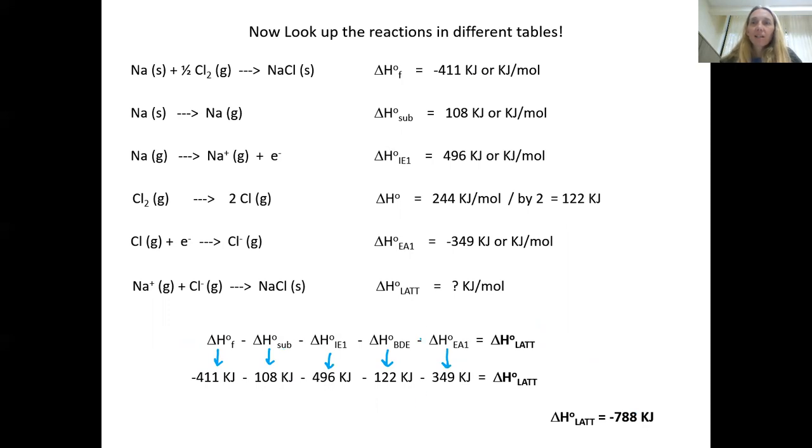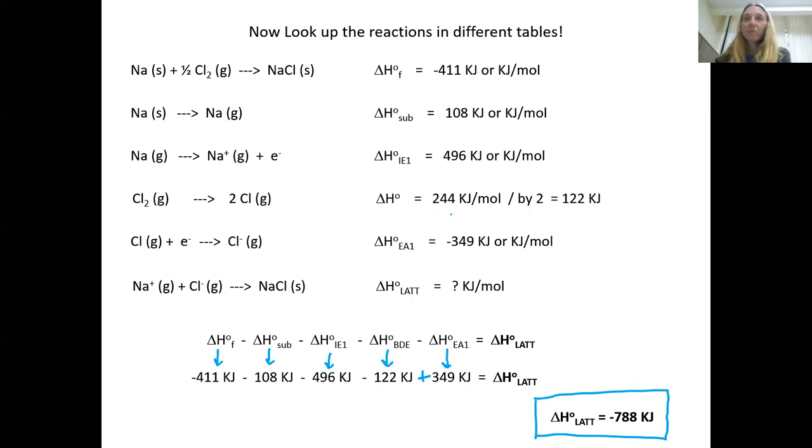Oh, so this one is negative times a negative, so this should be positive. I have a typo on my slide. Okay, so I subtract all these numbers, I add this number, and I get a delta H value of negative 788 kilojoules.